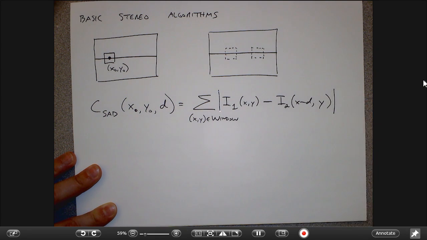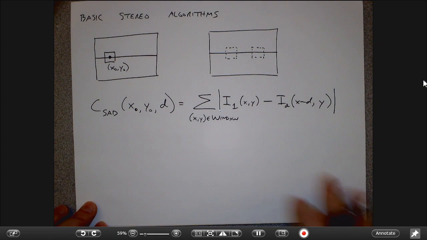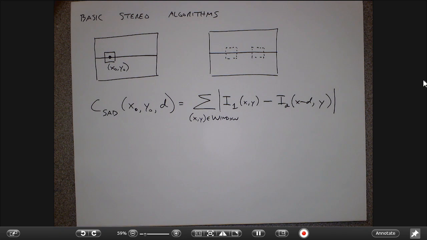The reason it's called the sum of absolute distances is that I'm just taking the absolute value of that difference instead of squaring it. Part of the reason is that you can still get good stereo performance by looking at just the absolute value of the distance, and you avoid some computations, having to square stuff or take the square root of stuff, right?